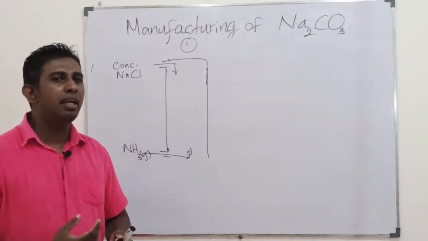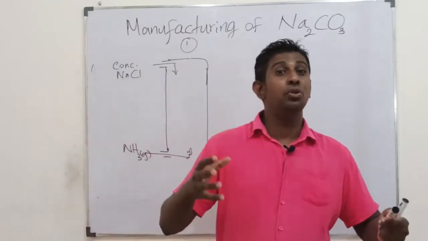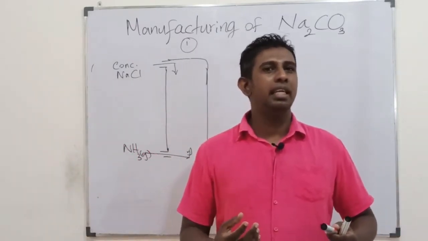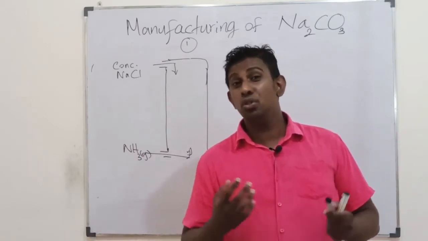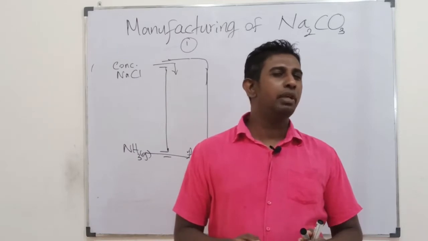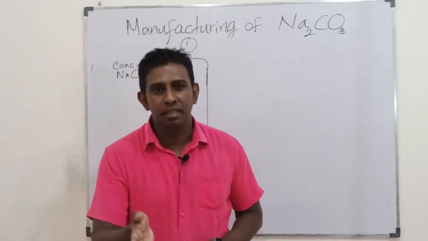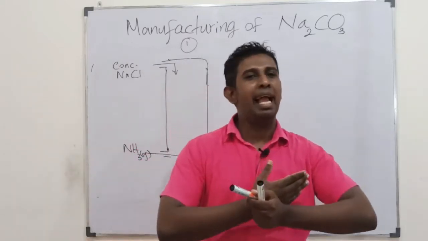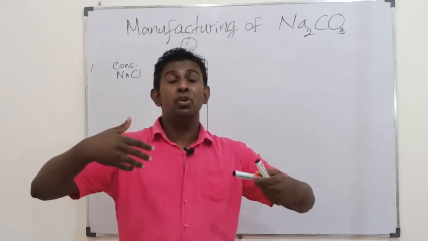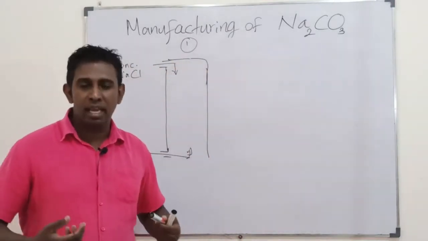That means we let ammonia touch the solution. We pass those 2 streams in opposite directions. When we do such a thing, it's called the counter current principle. If we follow the counter current principle, we make sure the dissolution of ammonia gas inside this solution is done well.